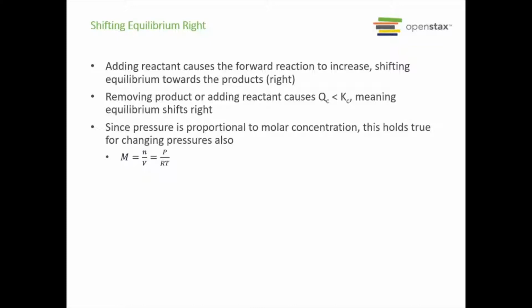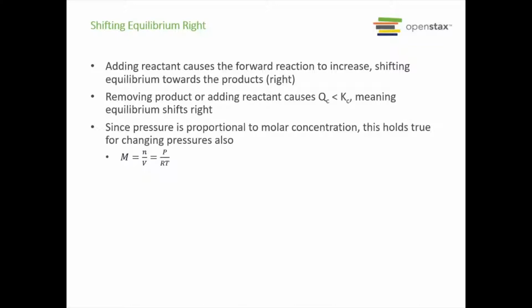So let's say we add some reactant to the forward reaction, okay? So that means our forward reaction is going to increase, meaning we're going to shift our equilibrium towards the products, or to the right. So we may say shifts right, shifts left. That's what we're talking about, products versus reactant side.